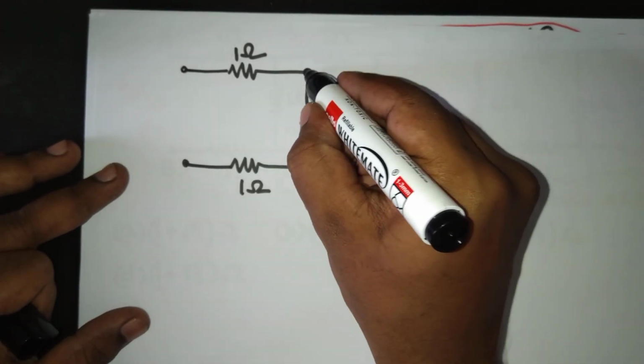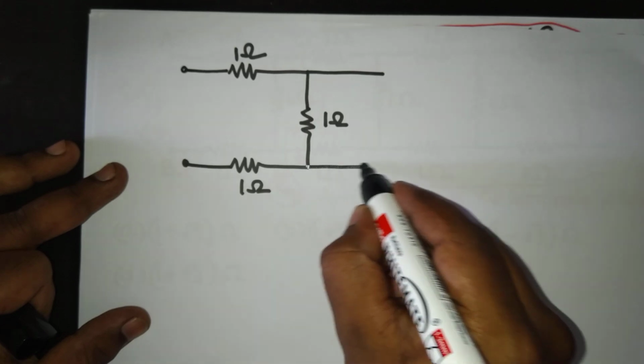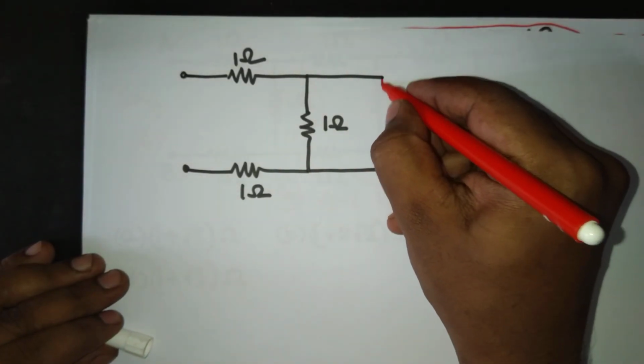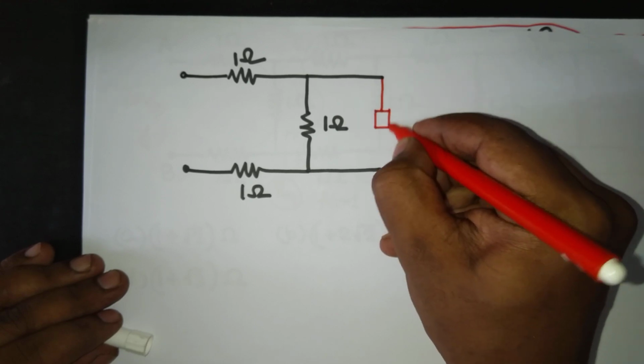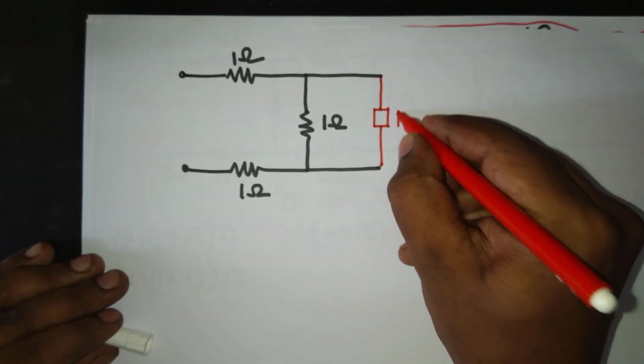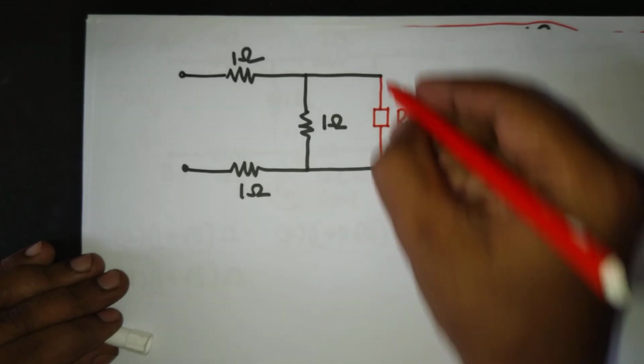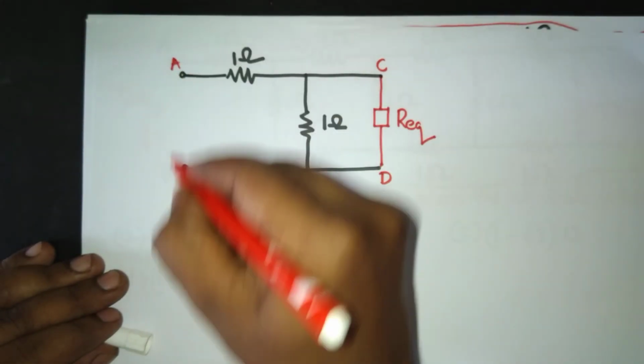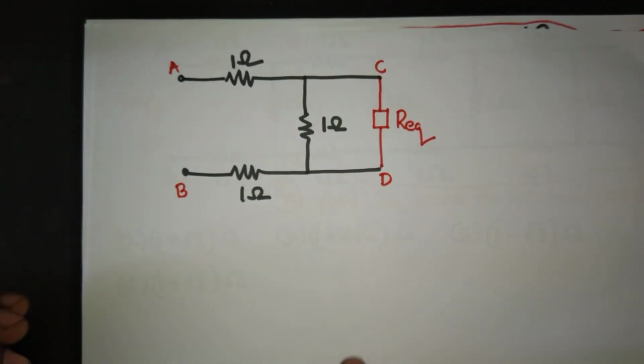So now this end we are showing as R equivalent. This is at C and D, at C and D we have this, and AB is just like this.